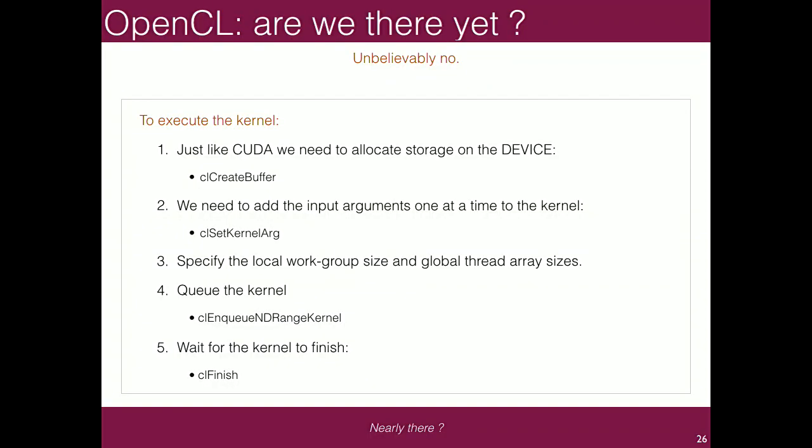You pass it the kernel object, and it's going to assume you've associated arguments with that kernel object. So you need to feed in the arguments one by one before you can launch the kernel with NDRange. So you'll set the kernel arguments one by one. Then you need to specify the number of threads you want, and then you can call clEnqueueNDRangeKernel.